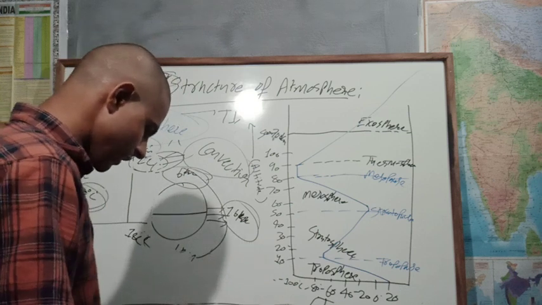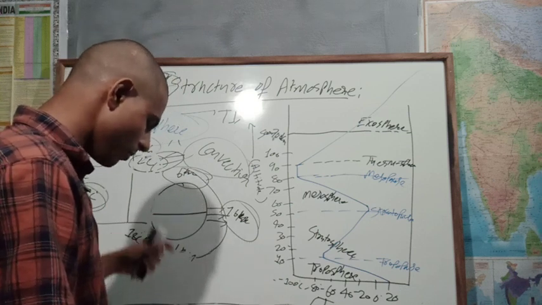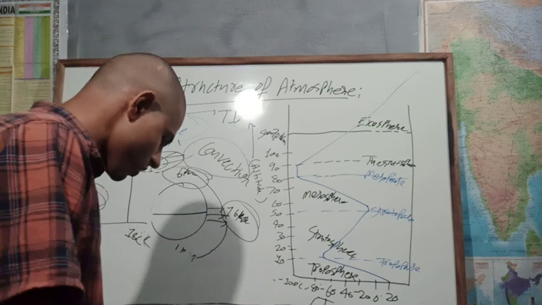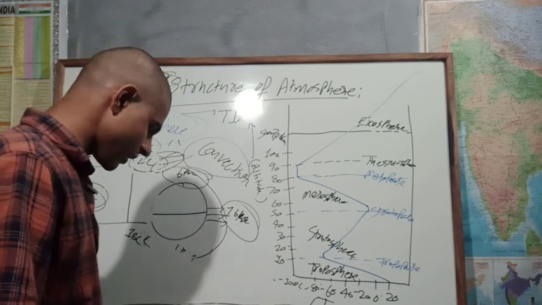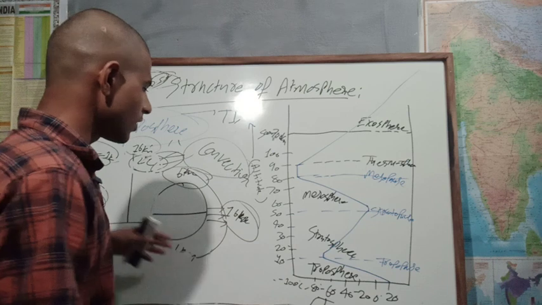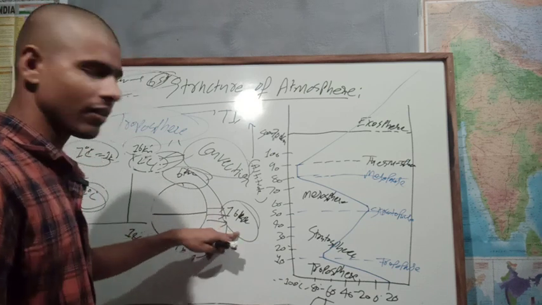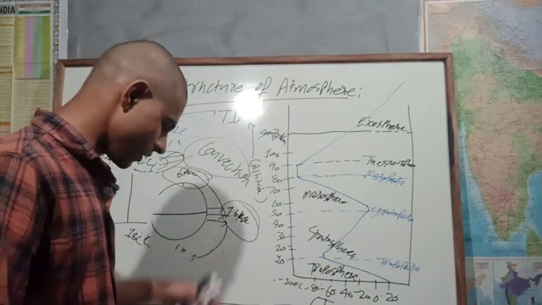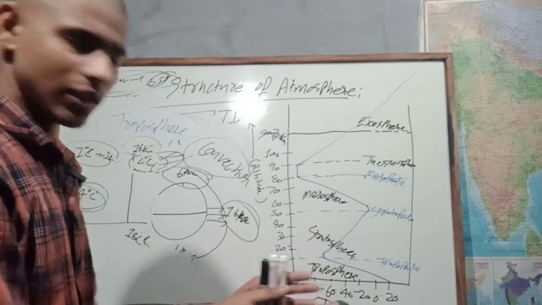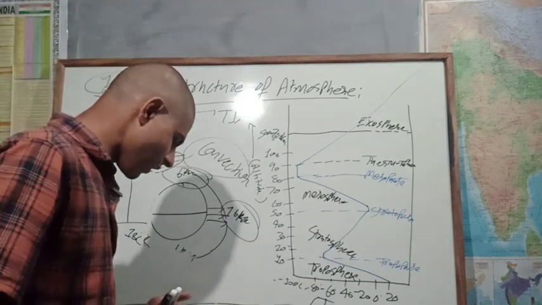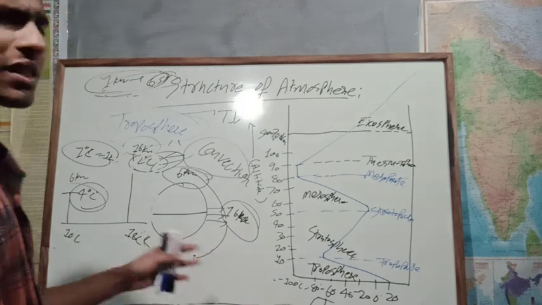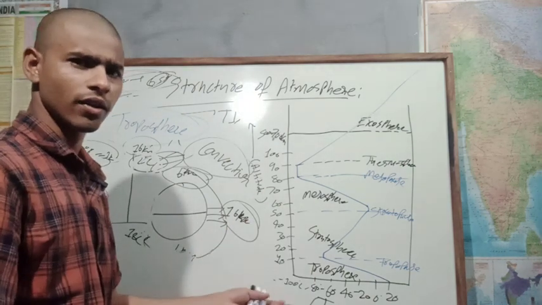It extends from sea level 16 kilometers along the tropics up to 6 kilometers along the poles. We have discussed the strong convection wind; that's the reason why it has much higher height. Zone of mixing and turbulence, we have discussed that. You can mention that the height is not uniform across the globe.